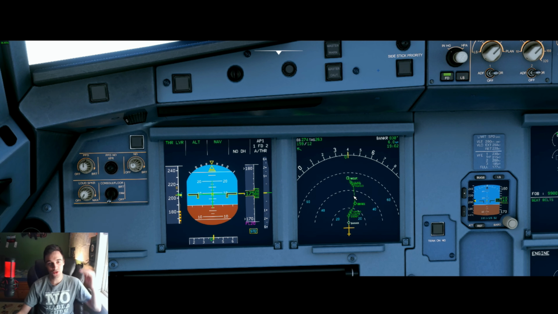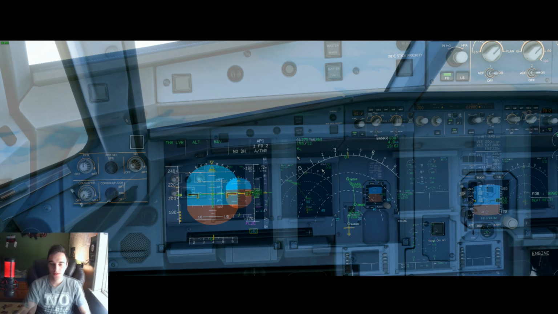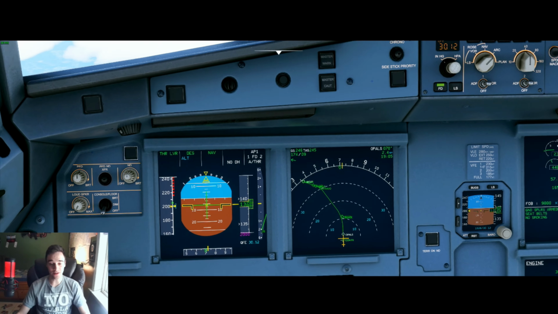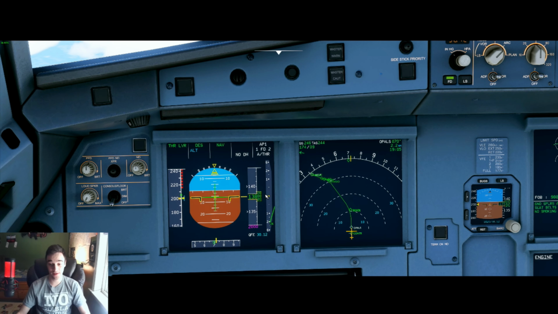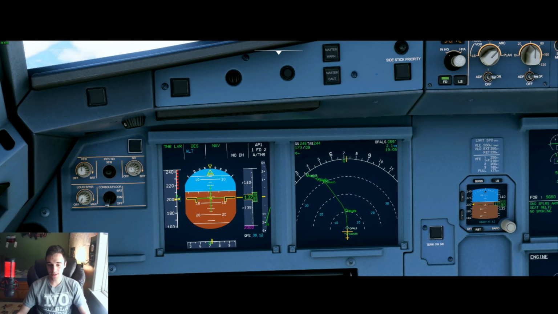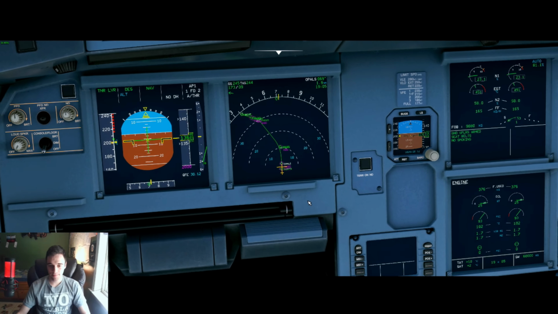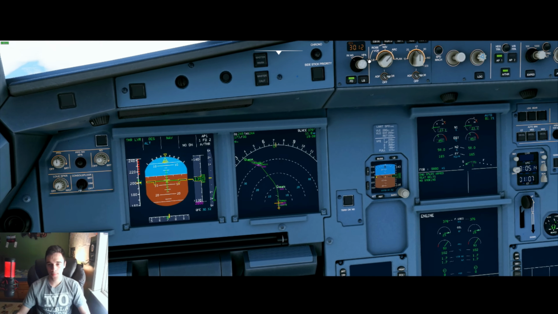Like once we pass Banker, then it is going to start descending again. But if you were going direct to an airport, you could descend at that exact rate I had, the negative 2,300 feet per minute, and it would give you a perfect 3-degree glide slope all the way down to the airport. So guys, we see that it is starting to descend again from 17,500 feet, and that is because we need to be at 11,000 feet by the time we hit Opals right here.